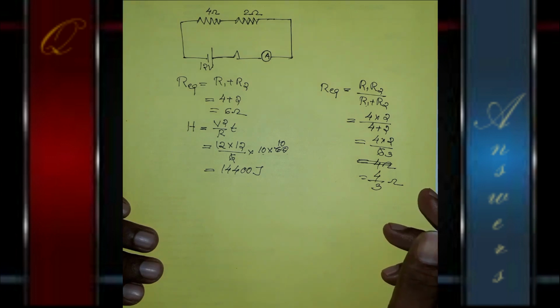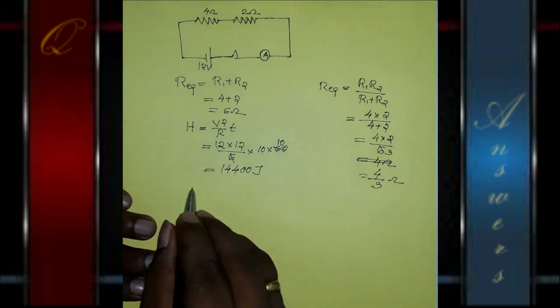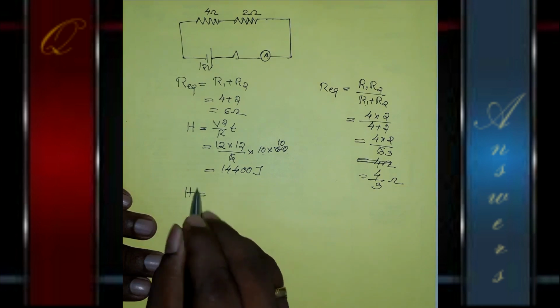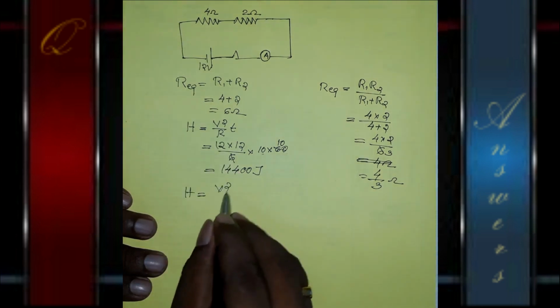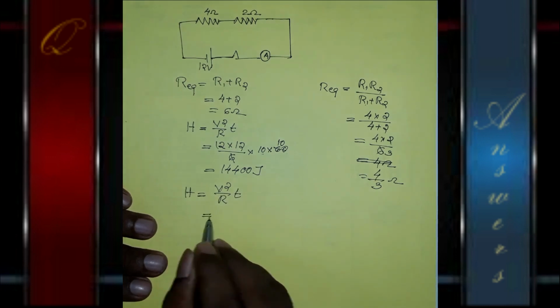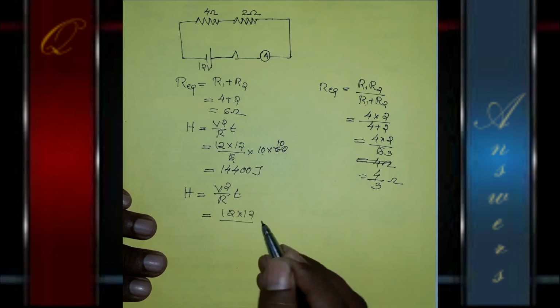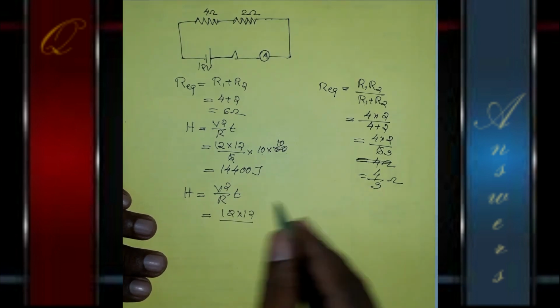Now what is the heat produced if it is operated for 10 minutes? The heat produced can be calculated by the same equation, H is equal to V square by R into T. What is V? V is 12. That is 12 into 12 divided by R. What is R? R is 4 by 3.